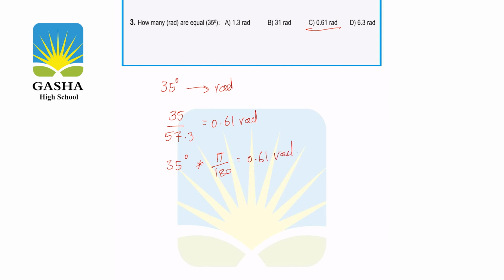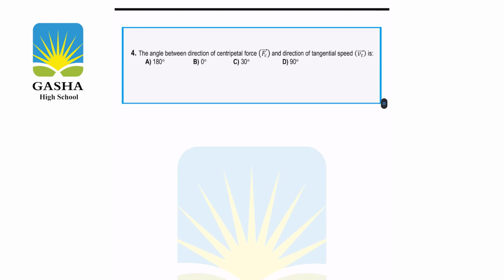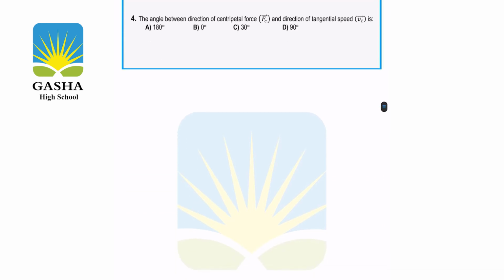Okay. So question number 4. The angle between the direction of centripetal force and the direction of tangential speed is, we already know in a circular path, FC is always directed toward the center. That's why we call it centripetal force.